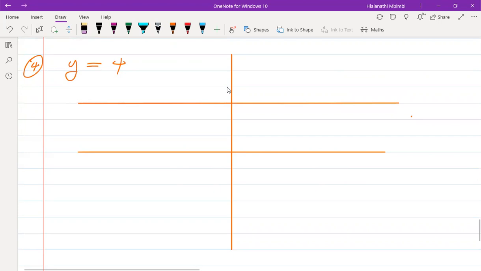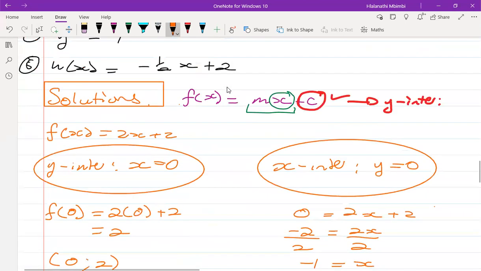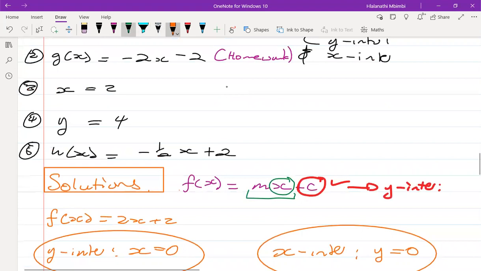You can say, okay, this is the function y is equal to 4. It continues like that. It's y is equal to 4, and that's my y-axis, and that's my x-axis. Now I'll explain in a moment why this function looks like this. Just want to say one more thing: number 5 would be your homework.